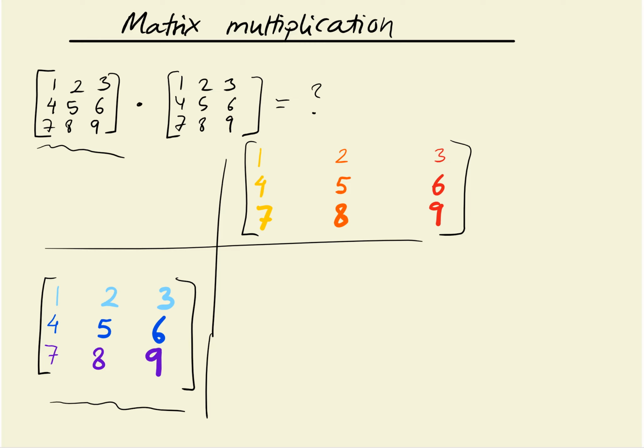Hopefully that'll make the procedure a little more clear to you. So let's try to calculate the product of these two matrices. It's going to be a 3x3 matrix, like the two matrix factors here, and the first element is computed as follows.